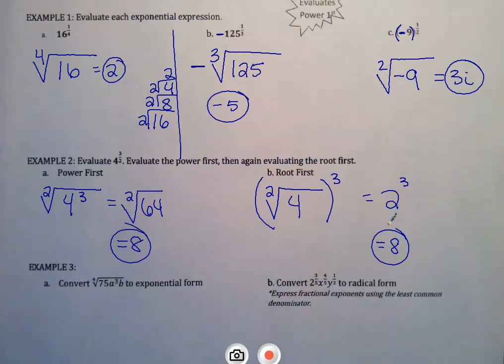So if there's a number in here that you would rather take the square root of 4 and then cube, then do it. Or if you know 4 cubed is 64, do that. If you don't have a calculator especially, you can do either way. Like if it was 9 to the power of 4, I definitely don't want to do 9 to the power of 4 and then find the square root of it.